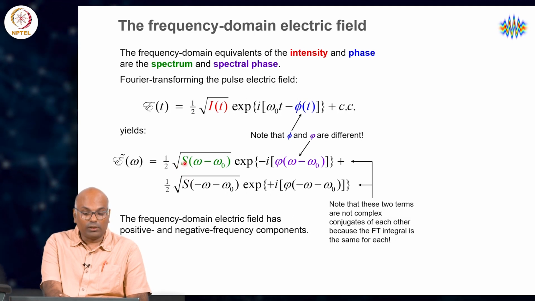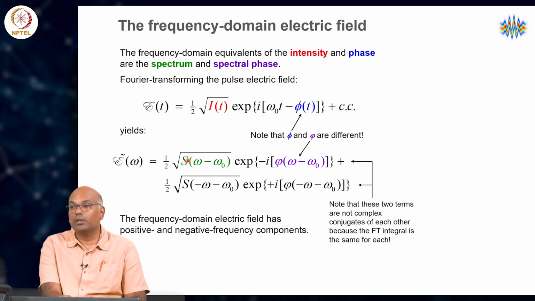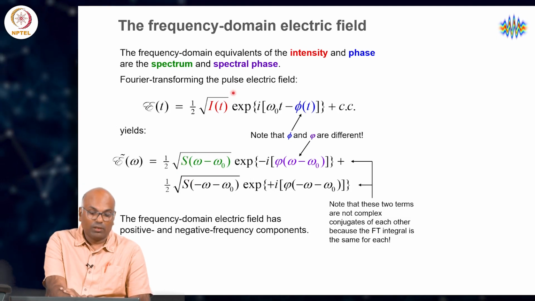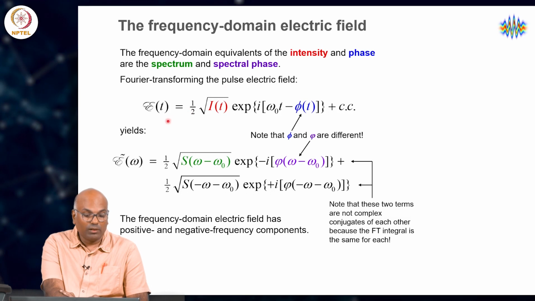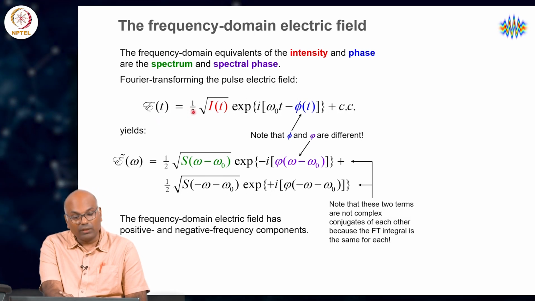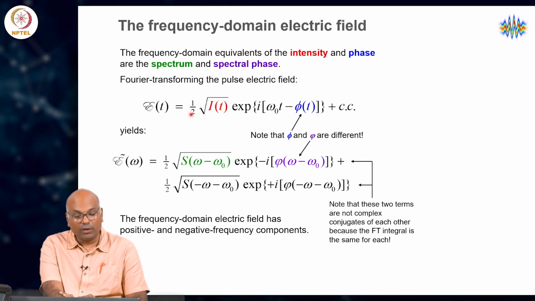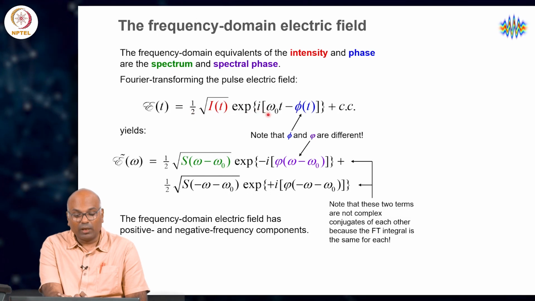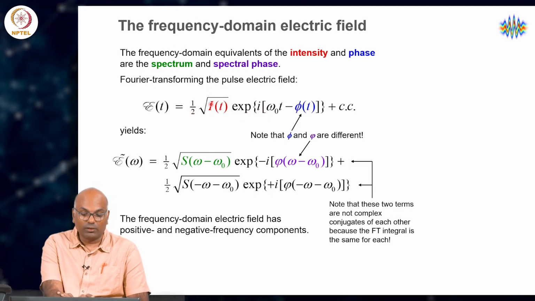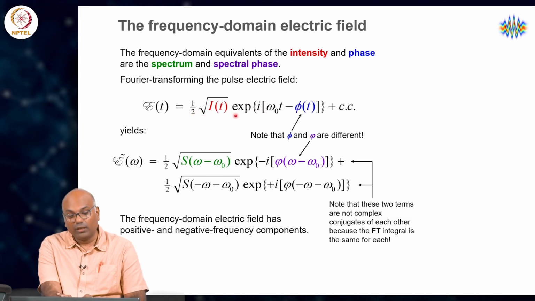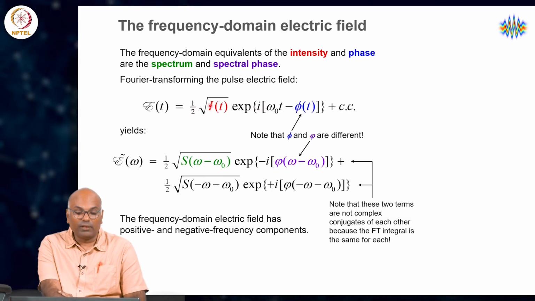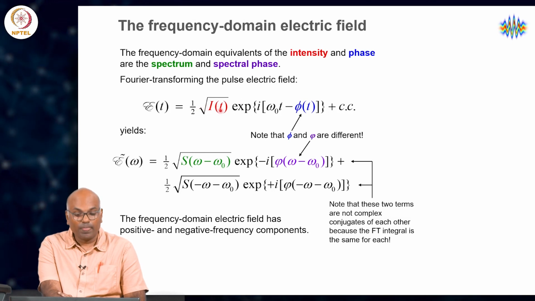So, the same electromagnetic phenomenon, which we describe through the pulse electric field of the form E of t equals half of square root of I of t exponent i omega naught t minus phi of t, plus complex conjugate, is the electromagnetic phenomenon of interest here.